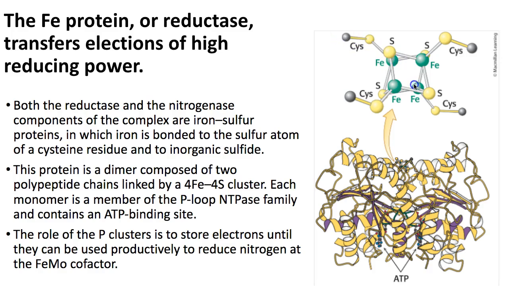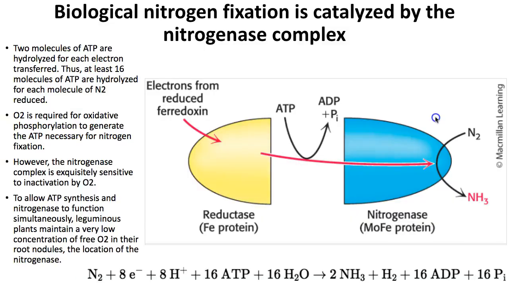You have this four iron, four sulfur cluster within the reductase enzyme. Both the reductase and nitrogenase components of the complex are iron-sulfur proteins, so they both have iron and sulfur.